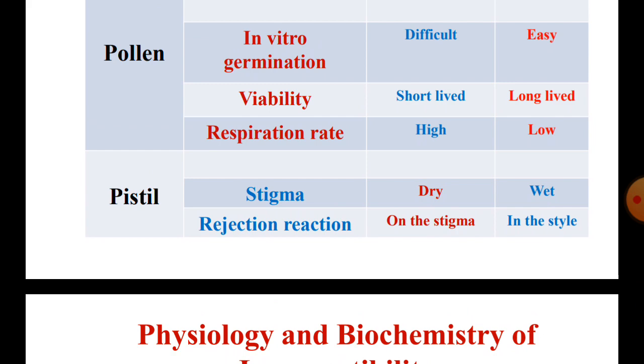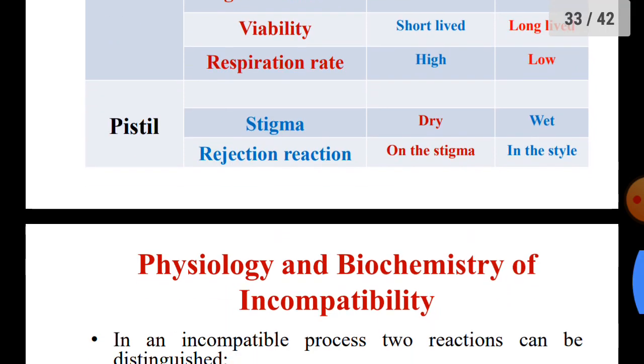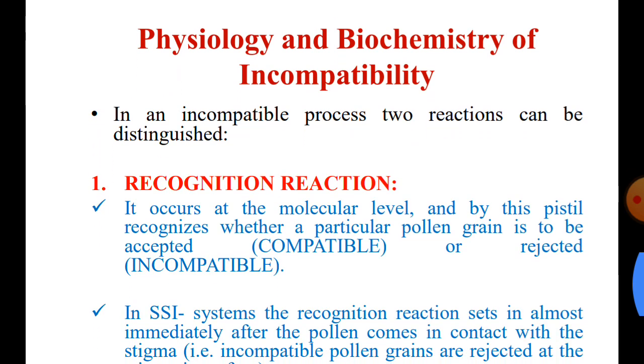Rejection reaction: in sporophytic self-incompatibility, pollen grains are rejected on the stigmatic surface, while in gametophytic self-incompatibility, the rejection reaction takes place in the stylar region.